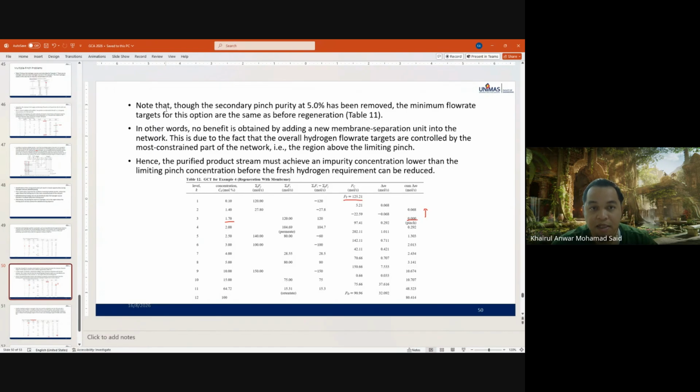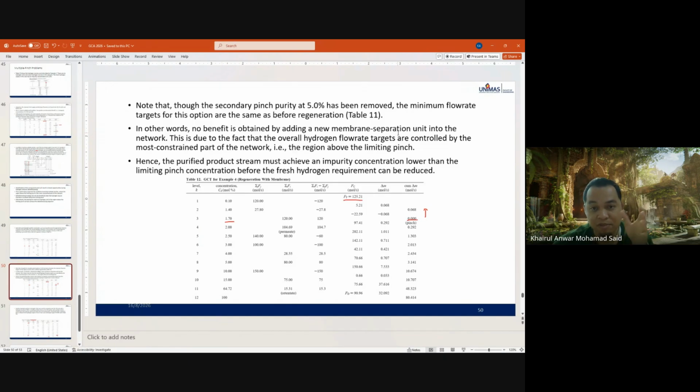But by doing that, we can remove the secondary pinch at 5%, which occurs without the purification. In other words, the achievement is obtained by adding a new element.